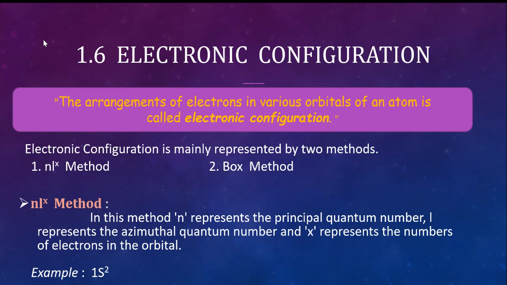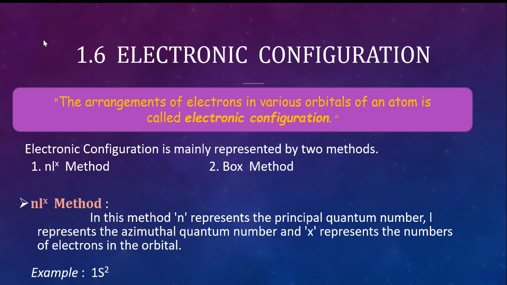The first one, the principal quantum number, is represented by the small letter n, and it gives the size and the energy of the orbit. Those are named as 1, 2, 3, 4 or K, L, M, N. The second quantum number is the azimuthal quantum number. It is represented by the small letter l, and it gives the shapes of the orbitals and the number of sub-energy levels in the orbital. These values vary from 0 to n minus 1.